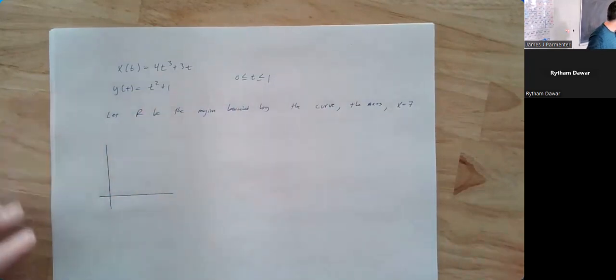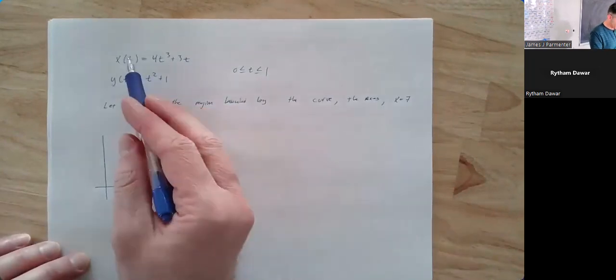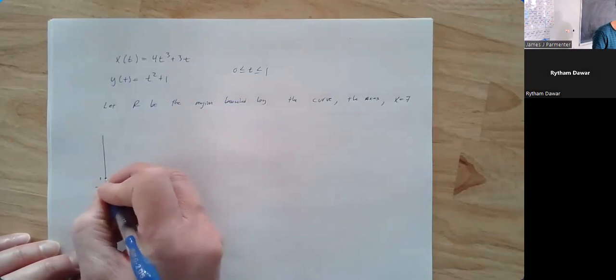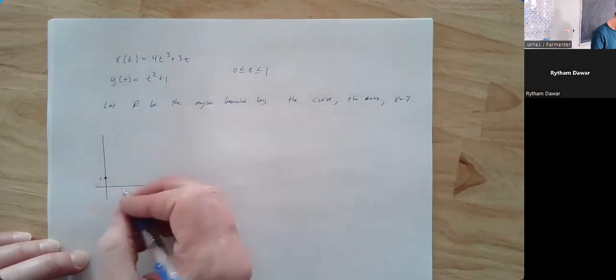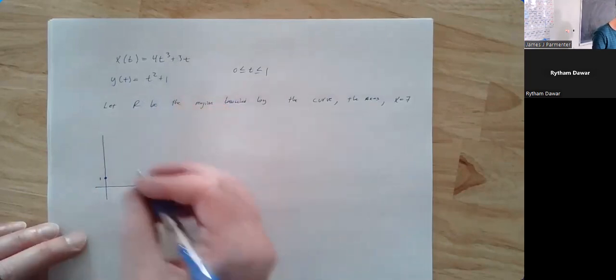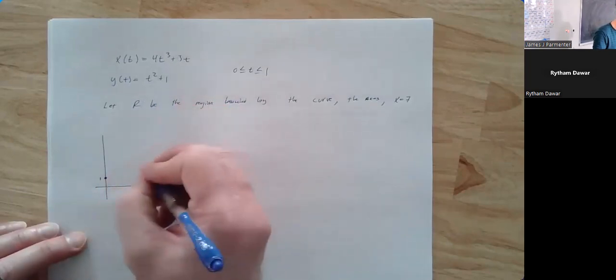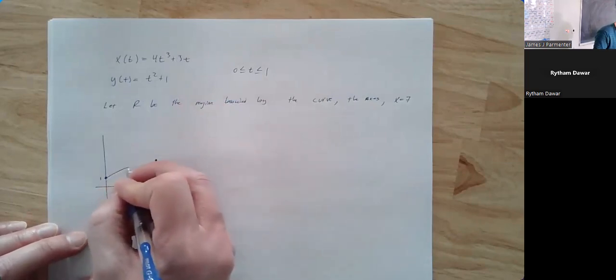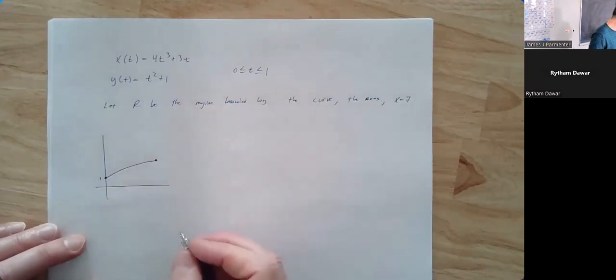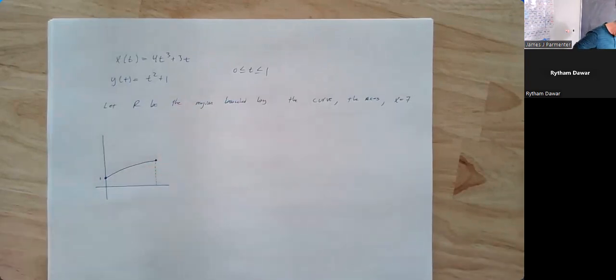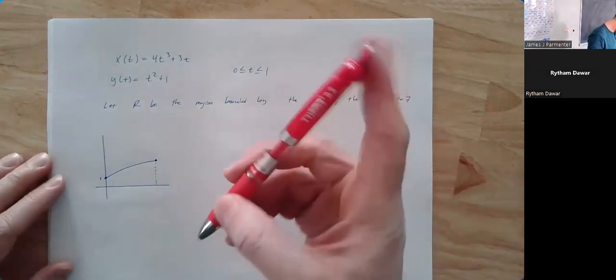Just to give a rough sketch of the graph, when t equals 0, x equals 0 and y equals 1. When t equals 1, y equals 2 and x equals 7. So somewhere over here. We're probably doing something like this, and we're looking for this area.